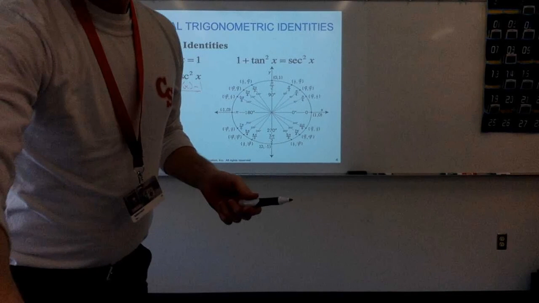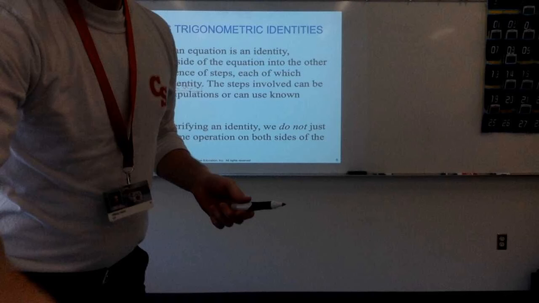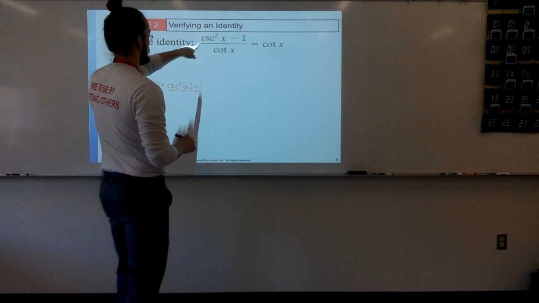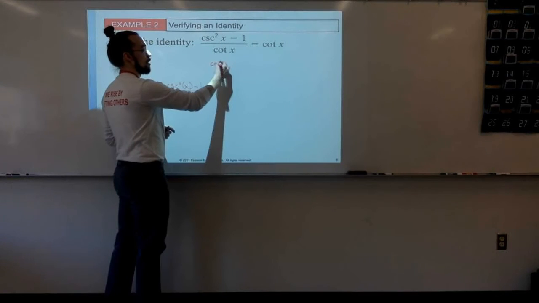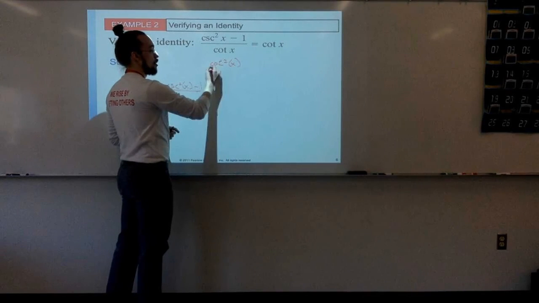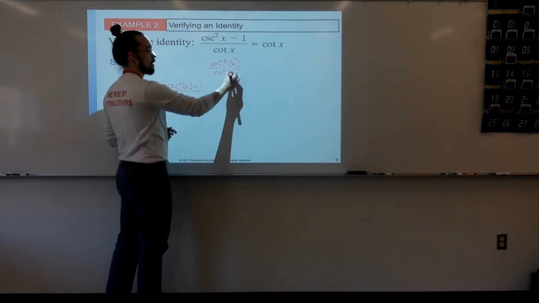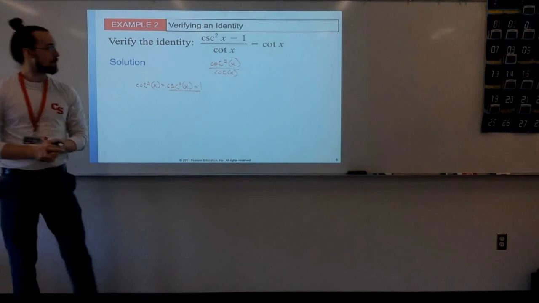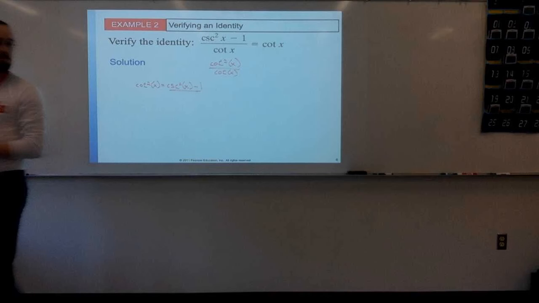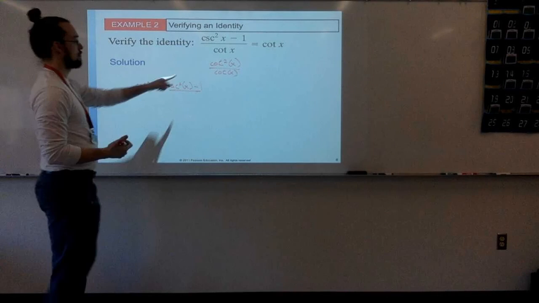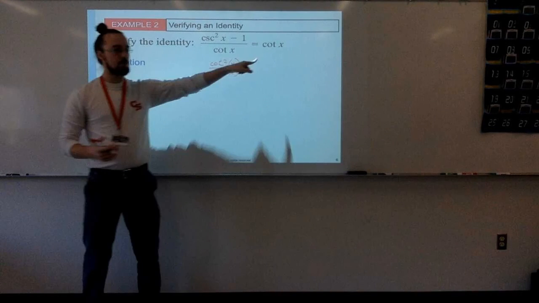Okay? So, cosecant squared minus 1 is just equal to cotangent squared. So this becomes cotangent squared of x over cotangent of x. Well, how can I make that then cotangent?